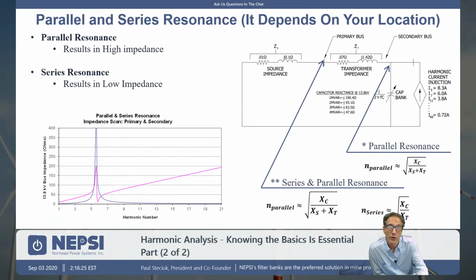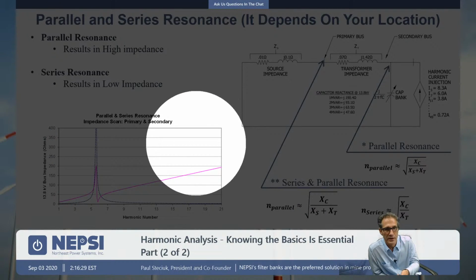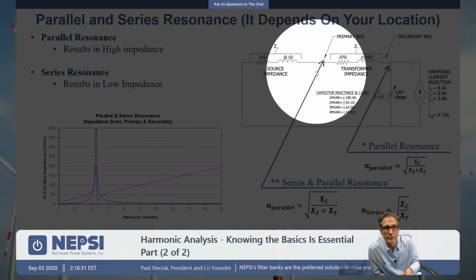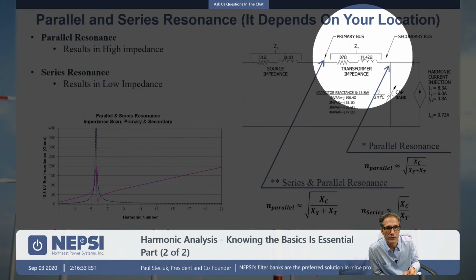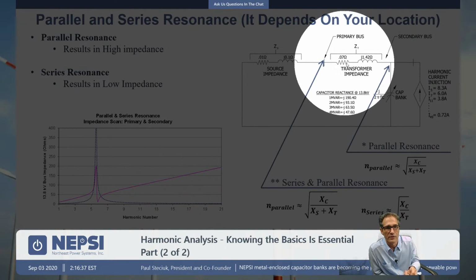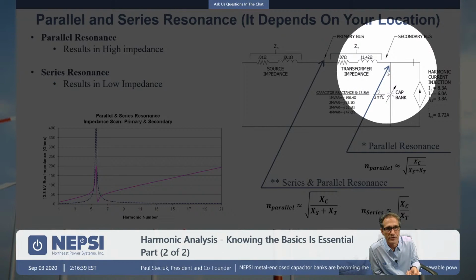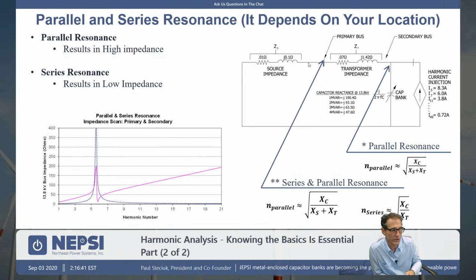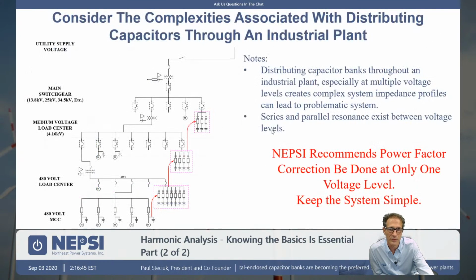We talked about parallel and series resonance. If you're on the secondary side here, looking into the circuit, you have a parallel circuit, which is this path here and this path here. But if you're on the secondary side, you just have series resonance. So there are things called parallel and series resonance. The calculations are very similar.